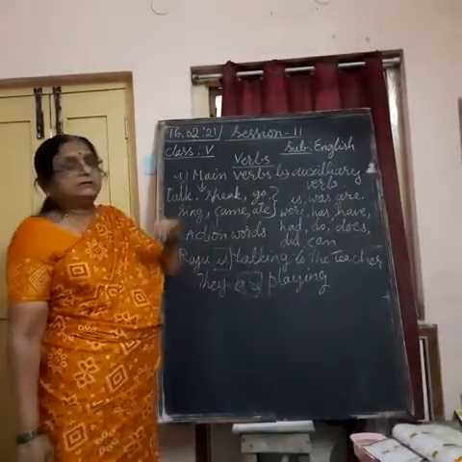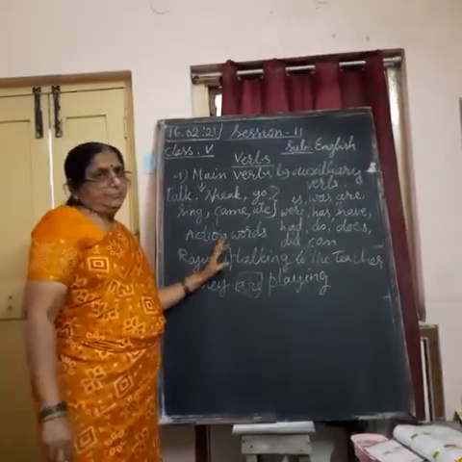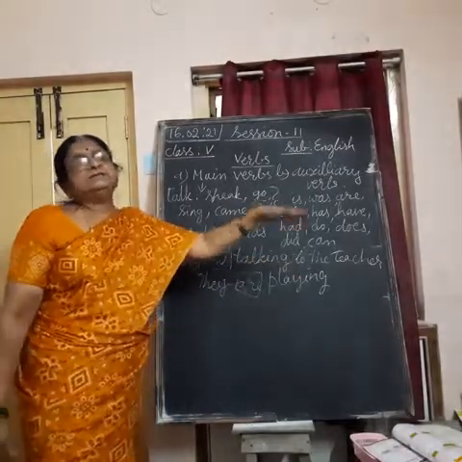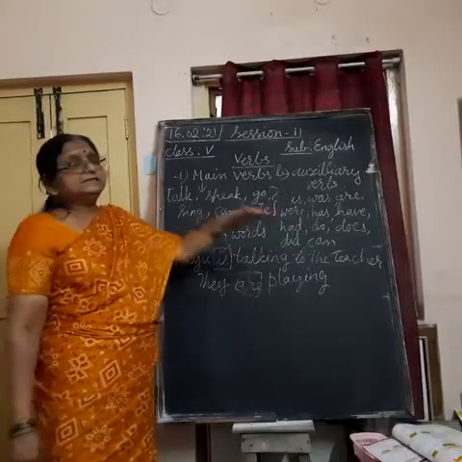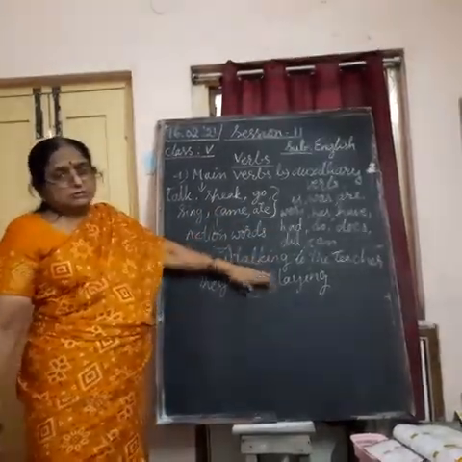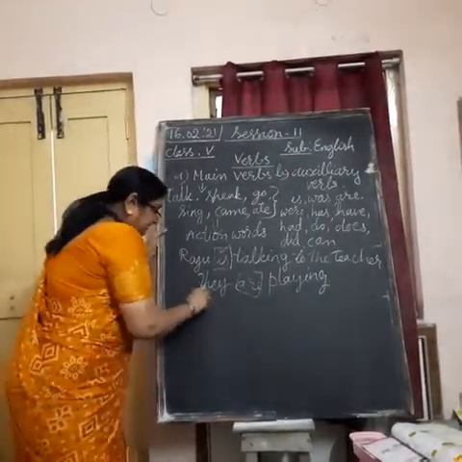"Raju is talking to the teacher." "Is" is used generally in the present tense form. "Is" tells us that the sentence is in the present tense form. "They are playing." "Are" also shows that the sentence is in the present tense form. "He was busy."